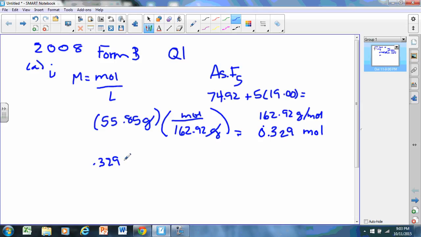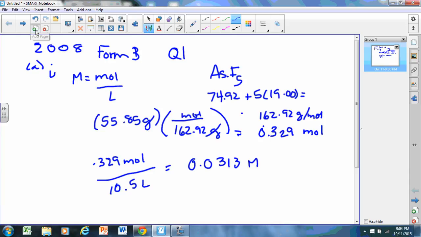So we have 0.329 moles. And then they said we had 10.5 liter container. And if I do that, 0.329 divided by 10.5, you get 0.313 molar. And that's good. And you're going to notice that that number gets used over and over again.